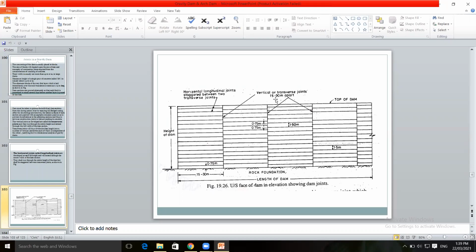What is the distance between the two? The distance between transverse joints. These are longitudinal joints which are provided along the length of the dam. Transverse joints are perpendicular to longitudinal joints. See this, here is the height of the dam. Horizontal longitudinal joints are provided at a distance of 1.5 meter.